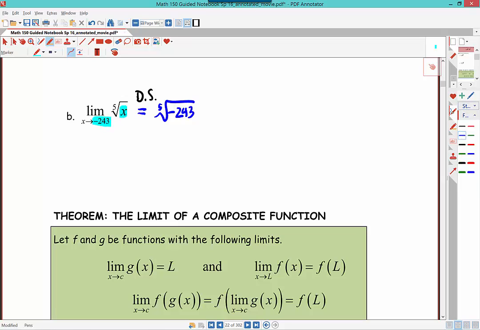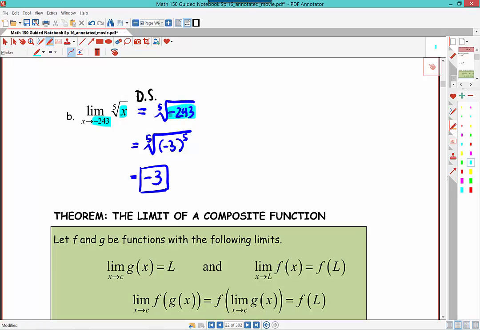Now what number raised to the 5th power is equal to negative 243? Good, we would have the 5th root of negative 3 to the 5th, which is just going to give us negative 3. Awesome. So this is our equivalence. Forgot to plug that in or highlight that.